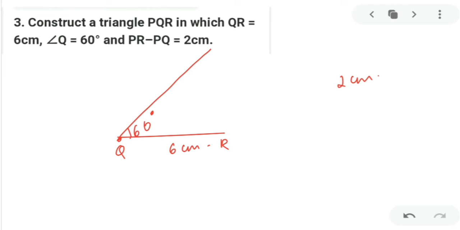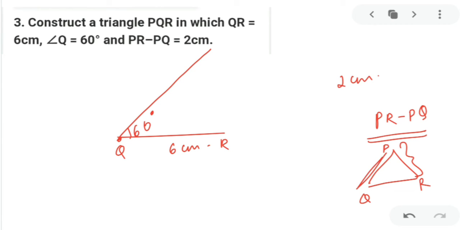Now if you notice, PR minus PQ is given. My dear kids, you have to understand that here PR minus PQ is given. That means if I draw a rough triangle PQR, PR minus PQ is given.